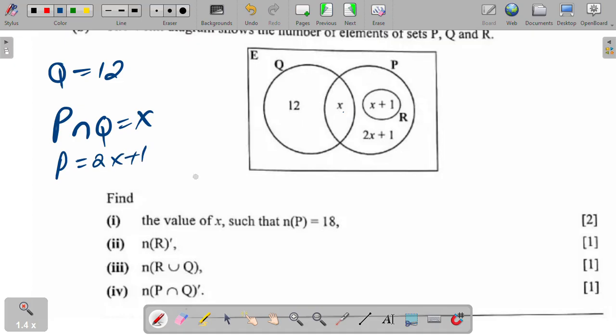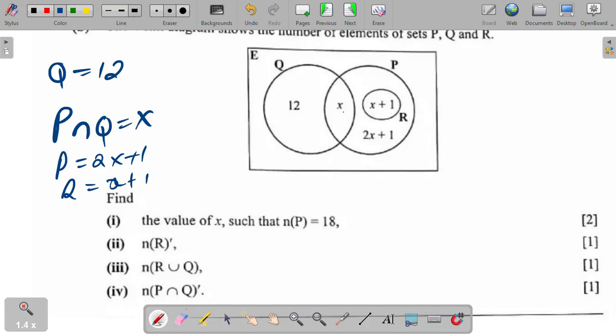What about inside R, the subset of P? We have x plus 1. So I want you to understand the Venn diagram here. This is what the Venn diagram is actually showing. Now let's go to the first question.